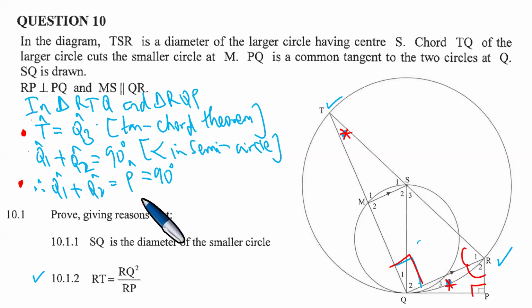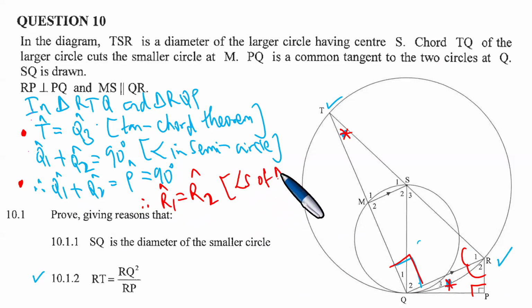So it follows that the angle R1 is equal to the angle R2. Why would this be true? These are angles of triangle.